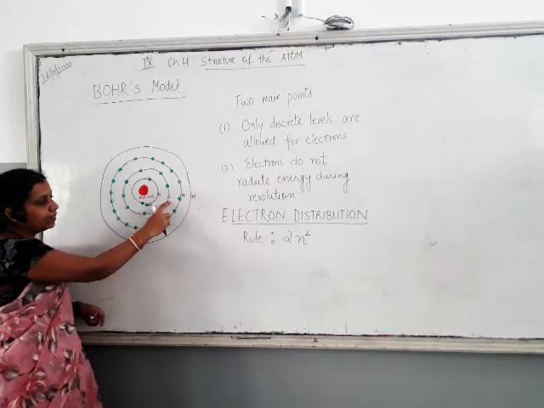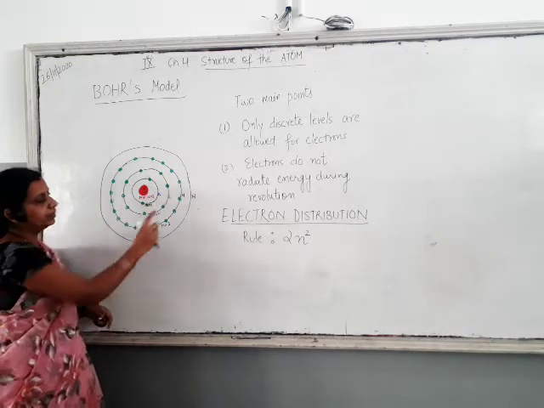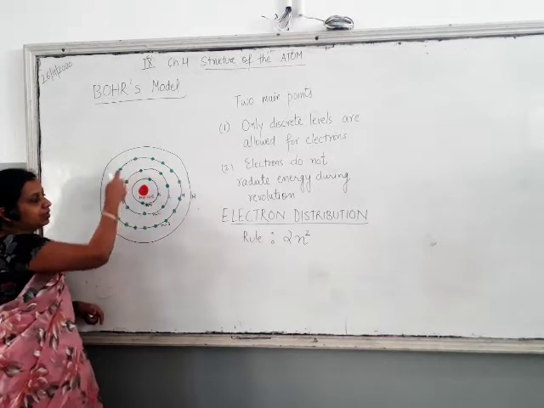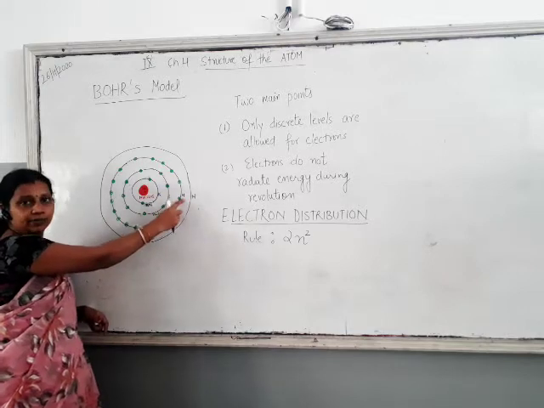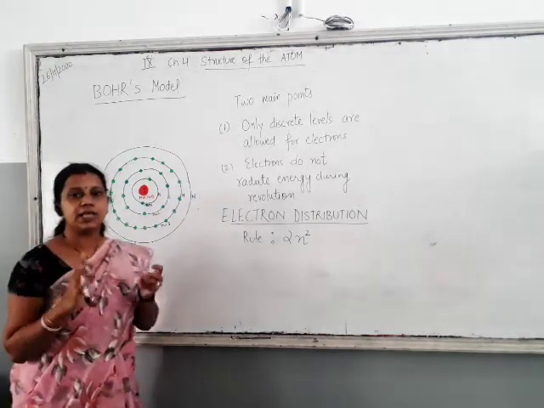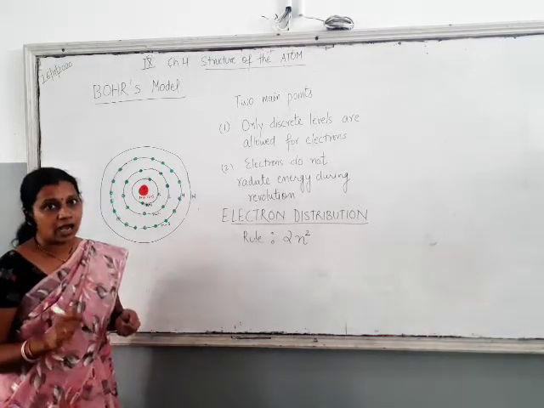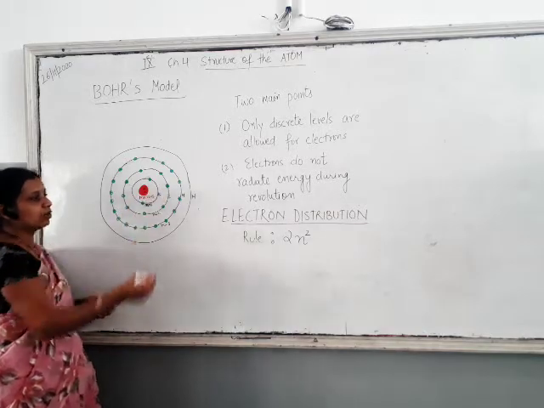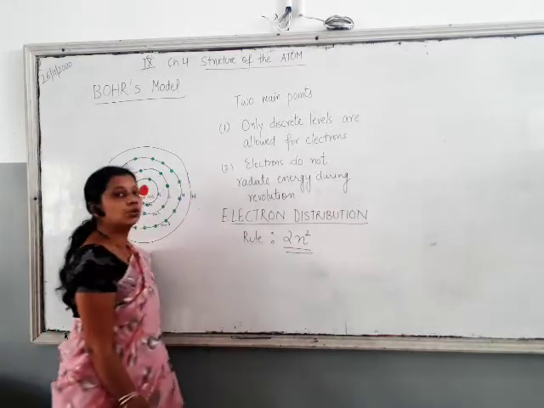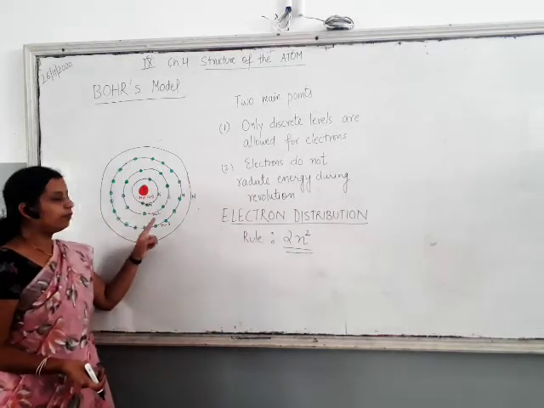Then you have n equal to 2, the second shell, the name of that is L shell. Then the third one is M, then N and so on. Now, each shell has some capacity. The rule for how electrons fill these orbits is decided by the number 2n square, where n is the number of the orbit.